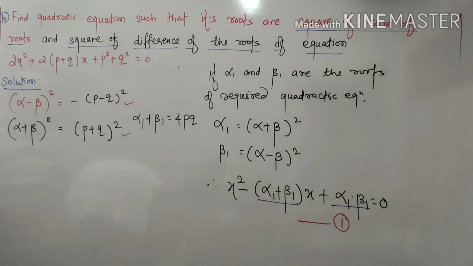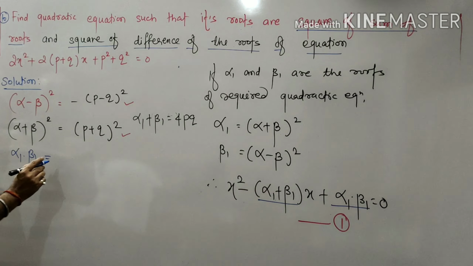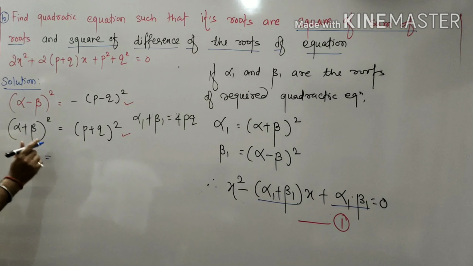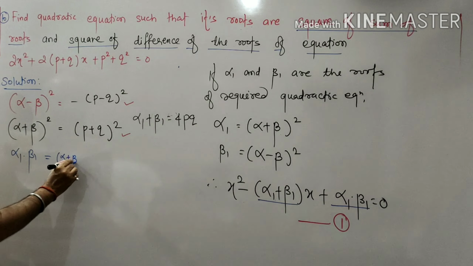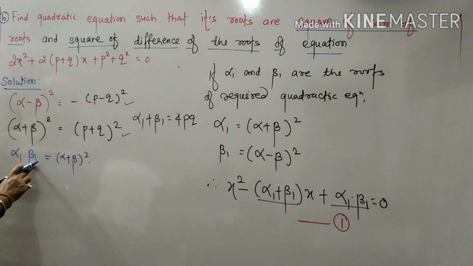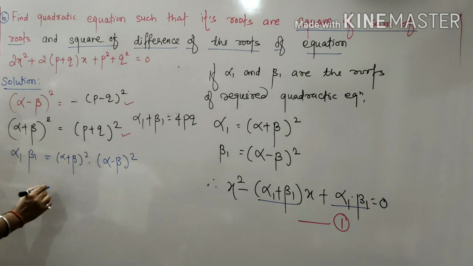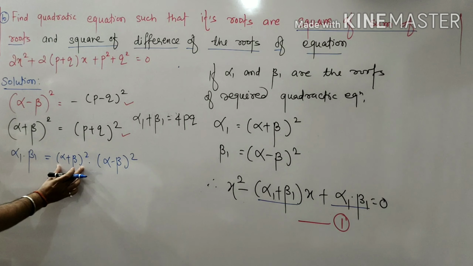Now student, alpha 1 into beta 1, what is alpha 1, student? Alpha 1 is alpha plus beta the whole square. What is beta 1? Beta 1 is alpha minus beta the whole square. And what is alpha plus beta the whole square?